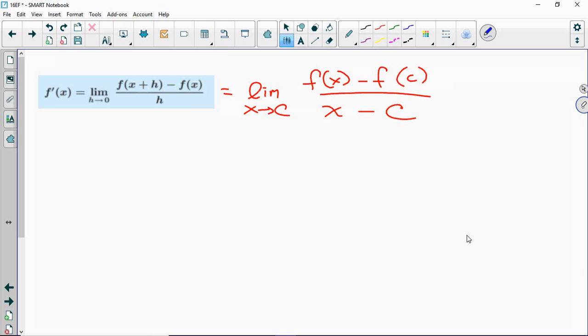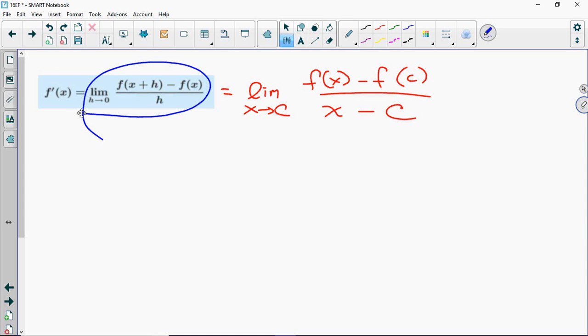And last thing for this section, we've been dealing with this limit definition of the derivative, but we could also think more directly in terms of secant lines. If we have a particular value x, f of x, and then we consider a point really close to it, c, f of c, the limit as x approaches c would also give us the slope of the tangent line.